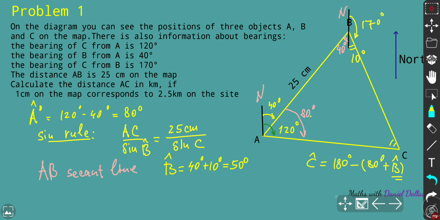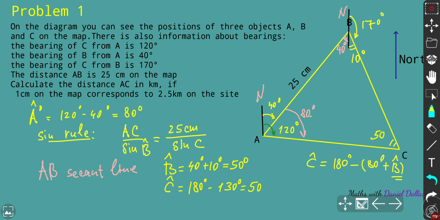All right, so we can figure out angle C. Angle C is 180 minus 80 plus angle B. We can fix that quick, and it's going to be 130. That means we have also angle B, so that means we have also 50.